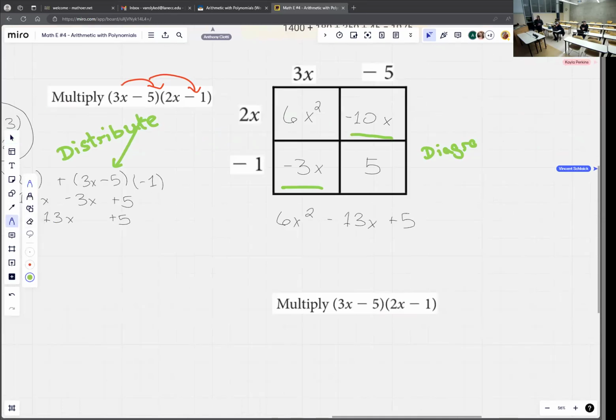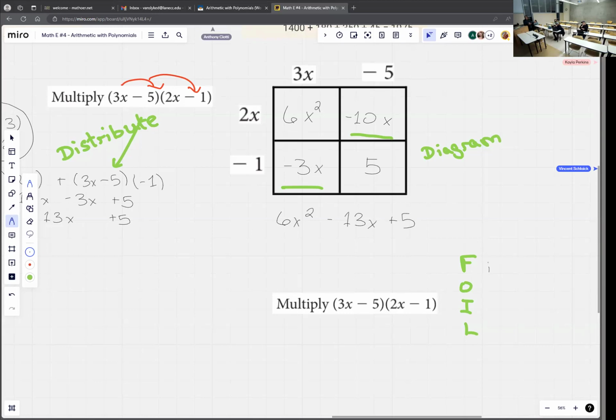So now we're going to do what's called FOIL. And FOIL is the same as the distributive. It's just that somebody said, if the goal of this is to be able to do it in our head, then let's make a pattern and always follow the pattern. And that's the easiest way to do things in our head.